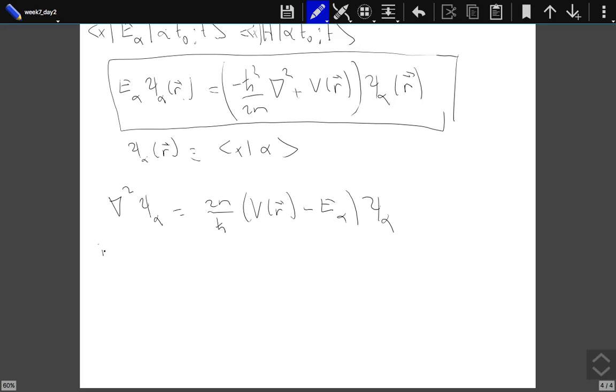In fact, let's look at the one-dimensional case for simplicity. This is just the second derivative of psi with respect to x, equal to 2m over h bar squared times V of x minus E, times psi.